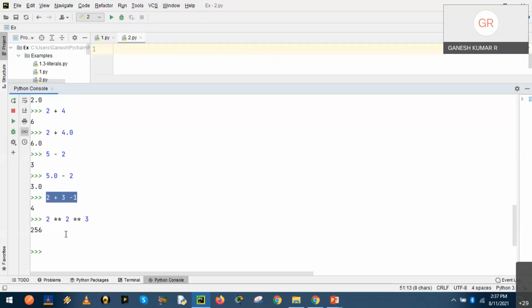That is the exponentiation operator. Exponentiation operator uses right-sided binding. Kindly note, it is worth remembering. All other expressions except exponentiation follow the left-sided binding. Right? Is it clear? Any doubts?